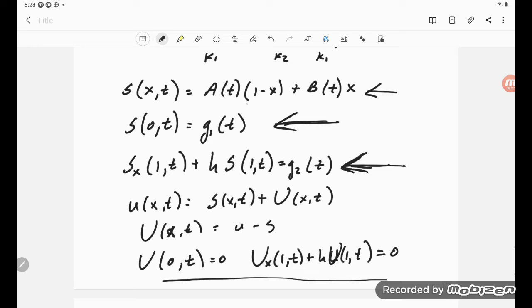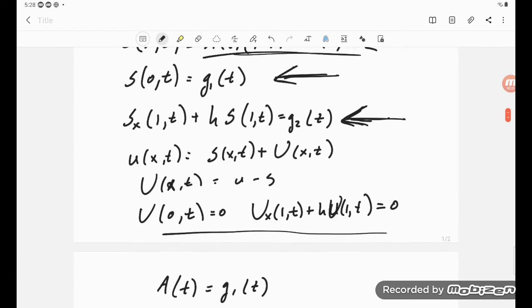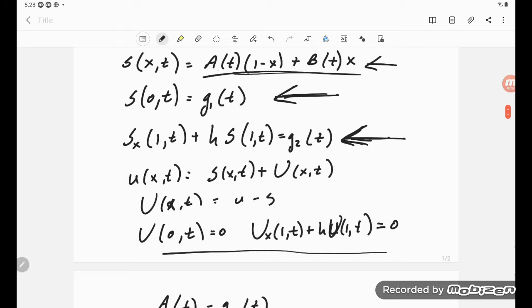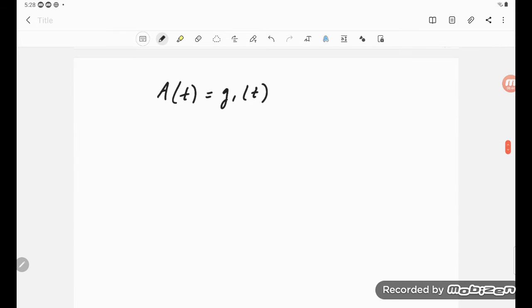So if I want to take the derivative of s with respect to x, I'll get a negative a of t plus a b of t.